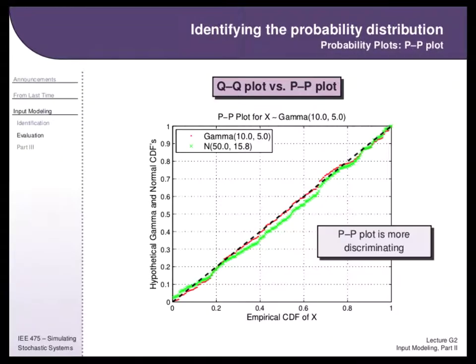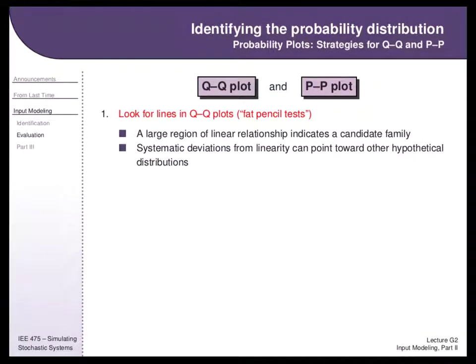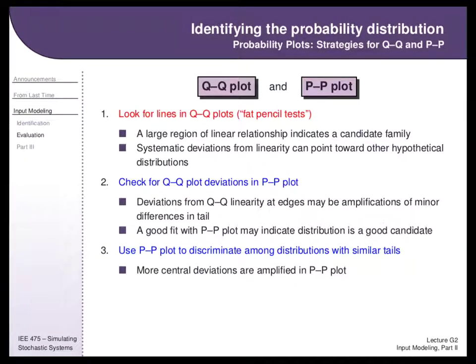So that's generally the process that you follow. You start with a QQ plot, you look for these lines, and the QQ plot mainly is focused on how well the tails agree. And then after that, if you get agreement in the QQ plot, then you go to the PP plot. And the PP plot really focuses more on the middle section, where the mode of the distribution is.